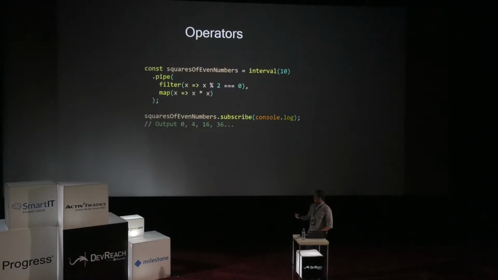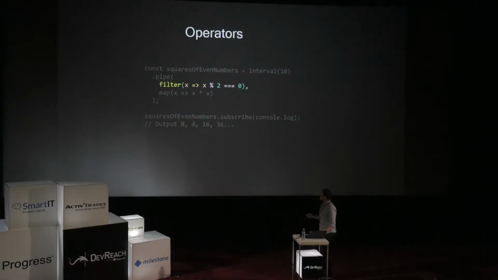We have different operators for RxJS. For example, with this one here, we can emit numbers from 0 to 10 over the course of 10 seconds. And on this observable sequence, we can apply some transformations. So for example, here you can see that we have a typical RxJS operator, which is filter.